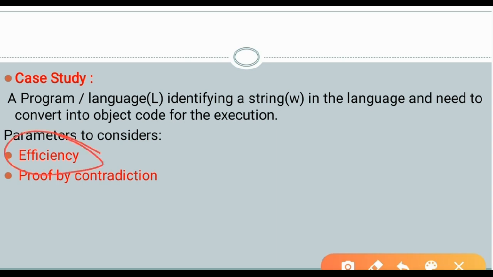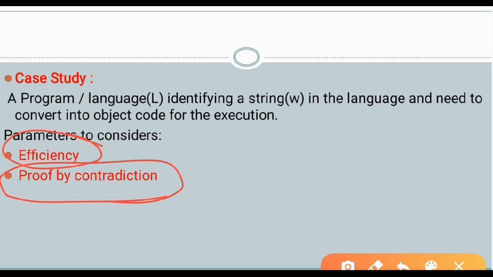Whenever we design any machine here, we need to remember two important things. The first thing is that the machine should provide the best efficiency out of the existing machines. The second thing is that you use proof by contradiction.